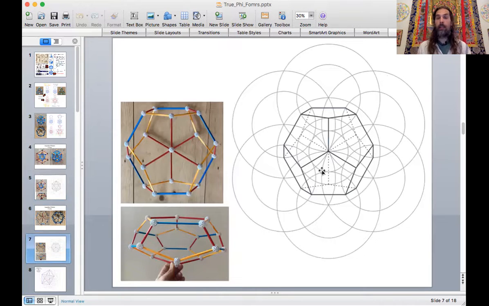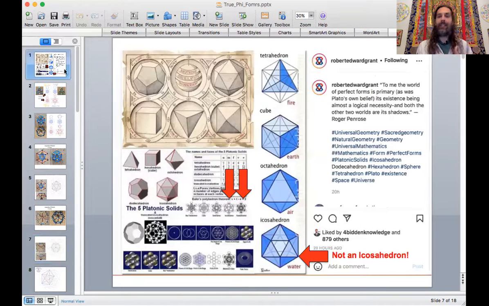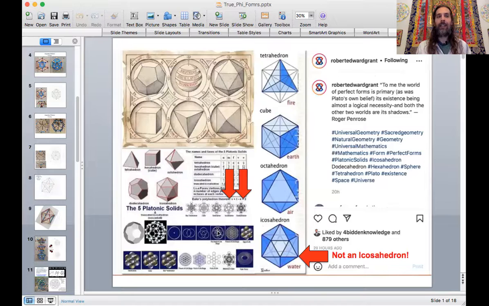Could it be just flat, just 2D? Could it be part of a 4D shape like this? Or is it part of the representation of the 3D form? This gives us a lot of expansion in our ability to play with dimensionality, and not be locked into the kind of incorrect way, I'm using the word incorrect, of this icosahedron back here, which doesn't really bring it anywhere.